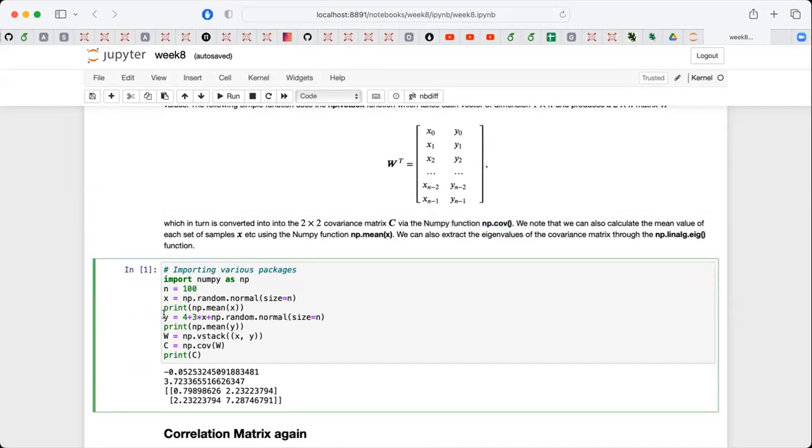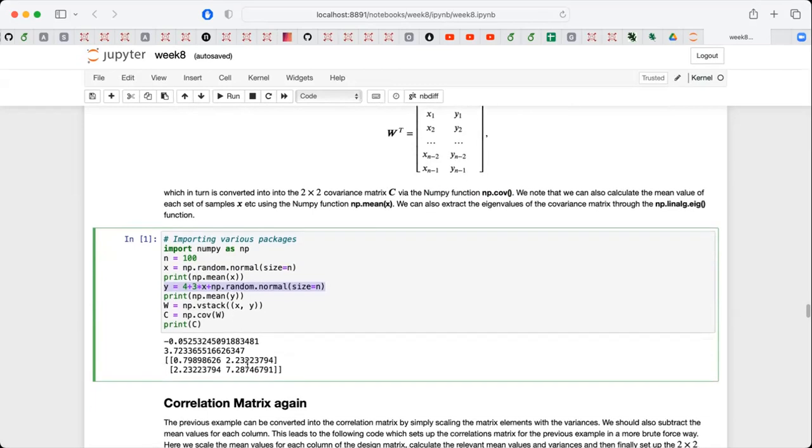Because you have the data set x here, and this is your y, the output, we then produce 2 vectors, x and y. You get the mean value of x and the mean value of y, as you can see here. Then by the stacking operation, you produce this matrix W, and that is fed into the calculation of the covariance matrix.